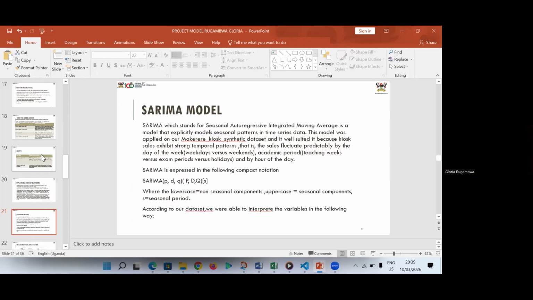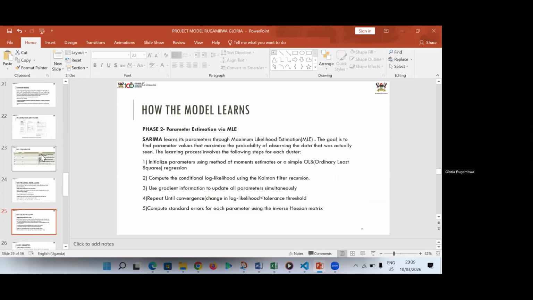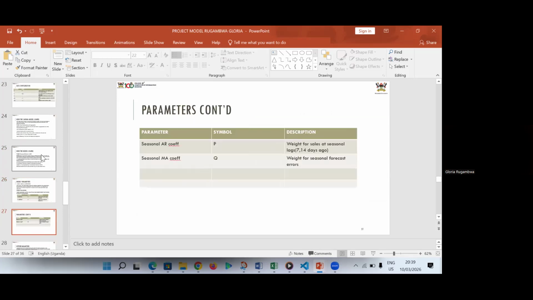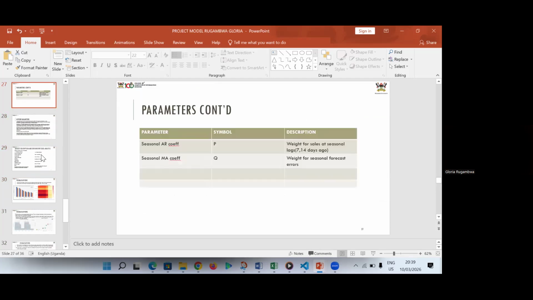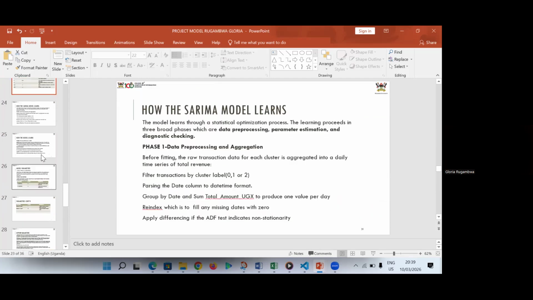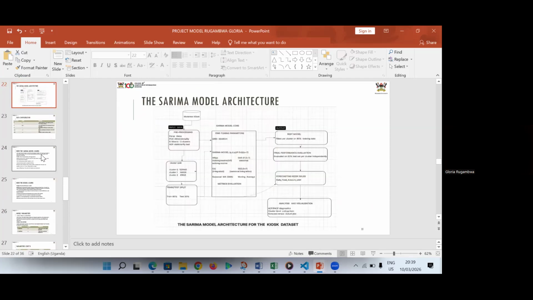Yeah. So our model architecture is here. That's our model architecture.